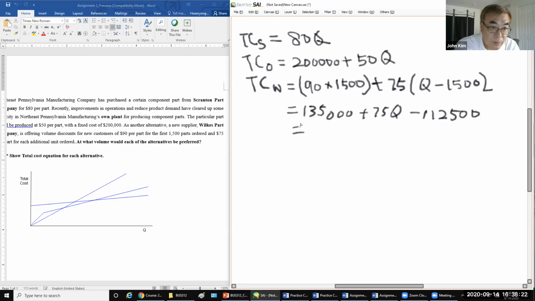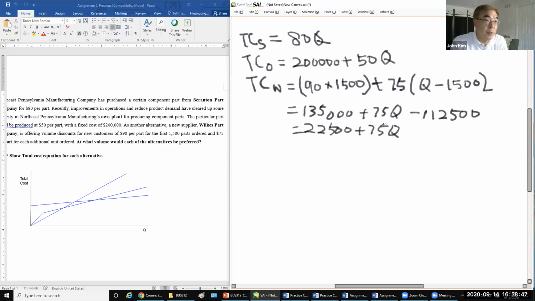So equals 135,000 minus 112,500, which equals 22,500 plus 75Q, like this.